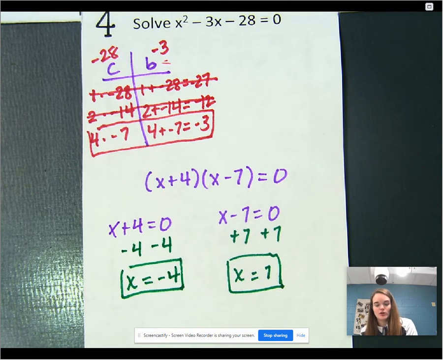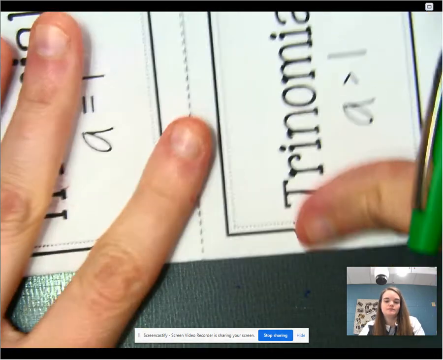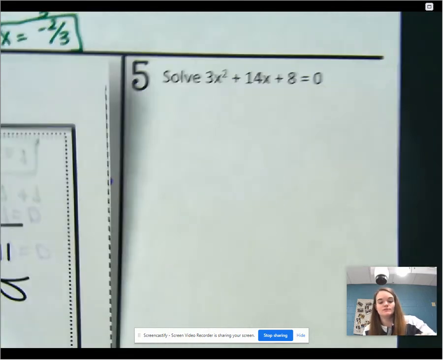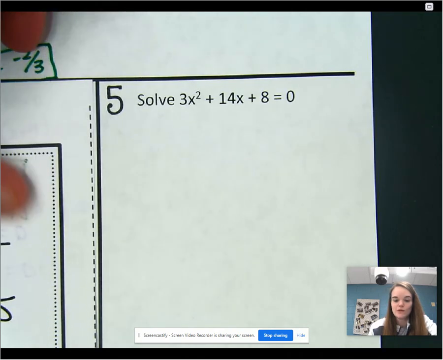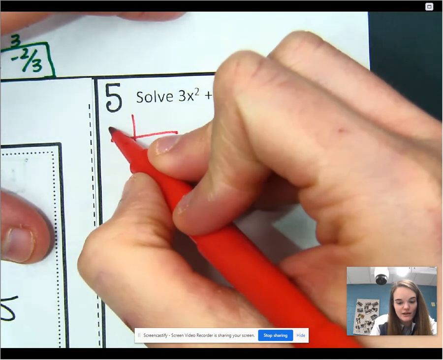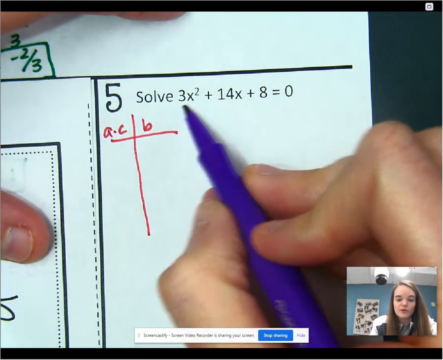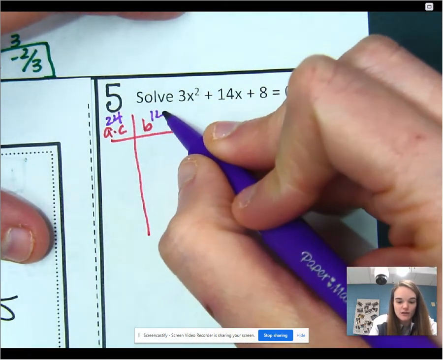All right, last we're going to talk about the trinomial when a is greater than 1. So if you remember, when we do this, it is a times c and b. A times c is 3 times 8, which is 24. B is 14.